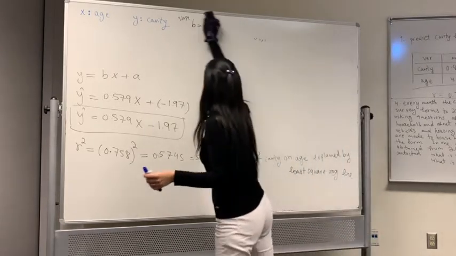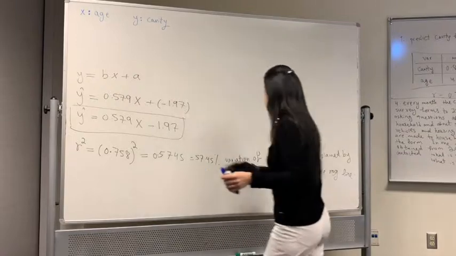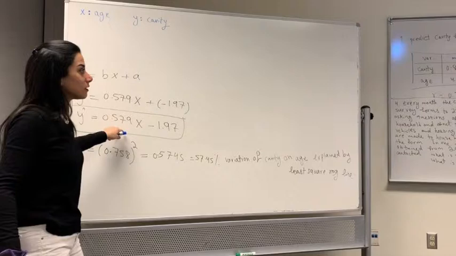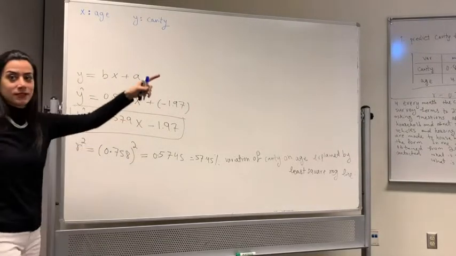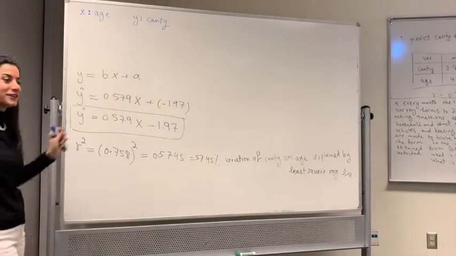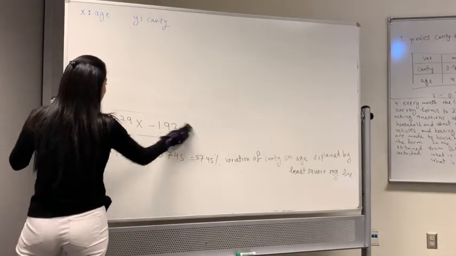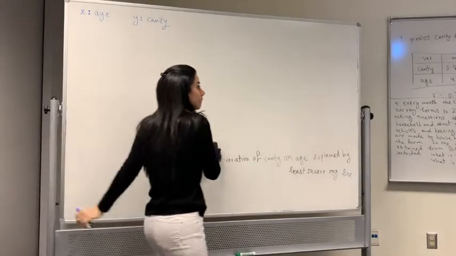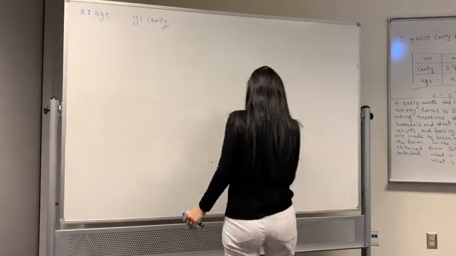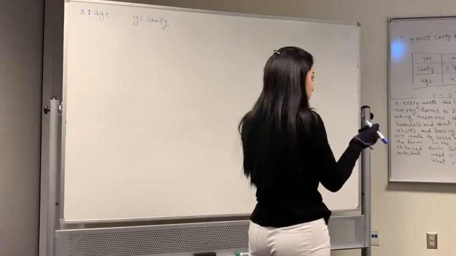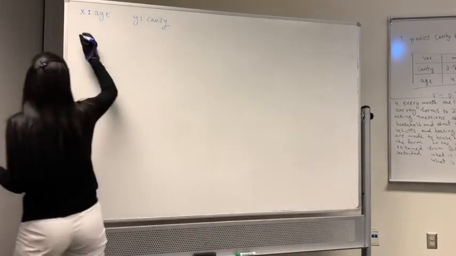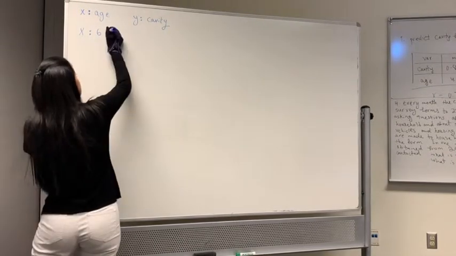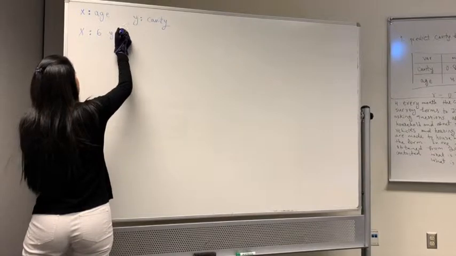But now we are going to answer some other questions. So here our least square regression line was this one. Actually, it's exactly the same as the least square regression line we have there, right? Okay. It says, now, if we have a child who is 6 years old, so now we know X is 6 years, right?